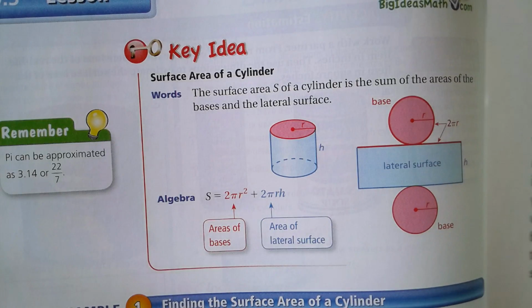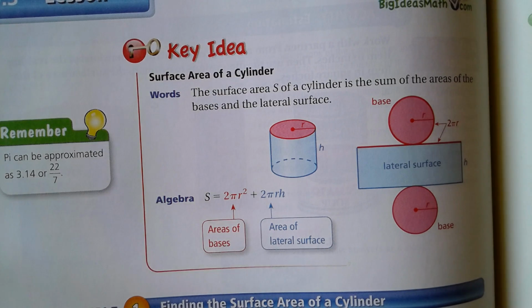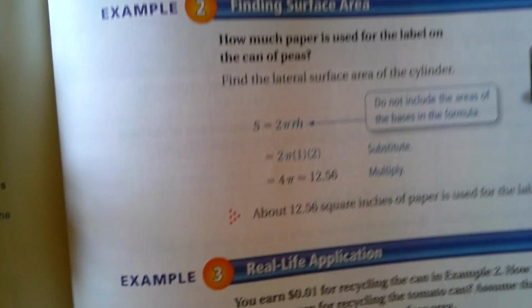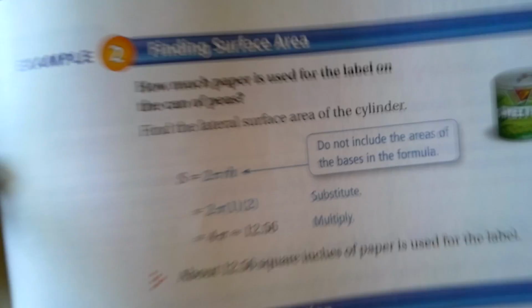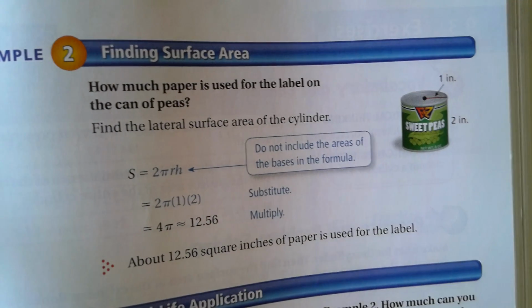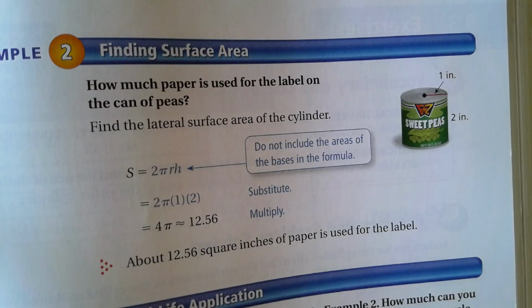All right, so let's go ahead and do one of those types of problems where they ask you just about the label. I'm looking at example 2 in your textbook. If you wanted to follow along, this is on page 371. It says, how much paper is used for the label on the can of peas? Just the label.